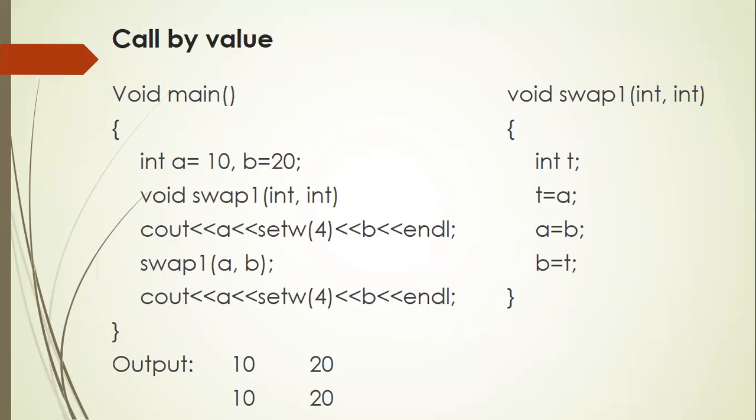Now we'll write a prototype, void swap1(int, int). That means the function swap1 takes two arguments of integer type and does not return any value. The return type is void.